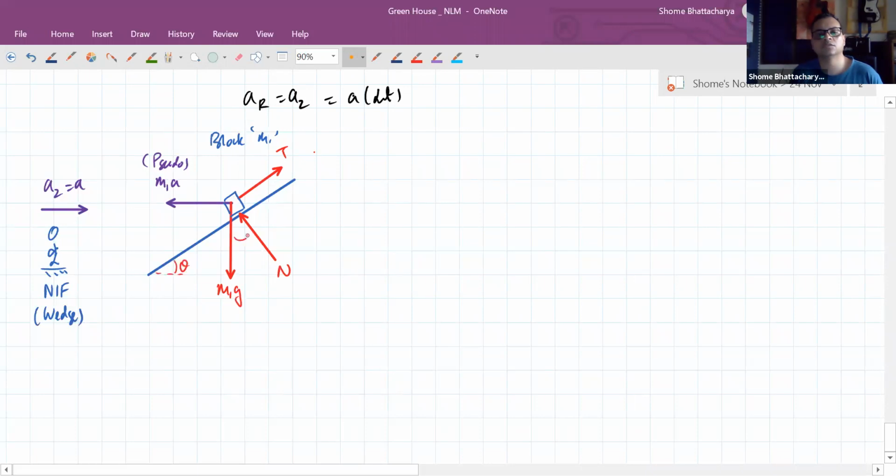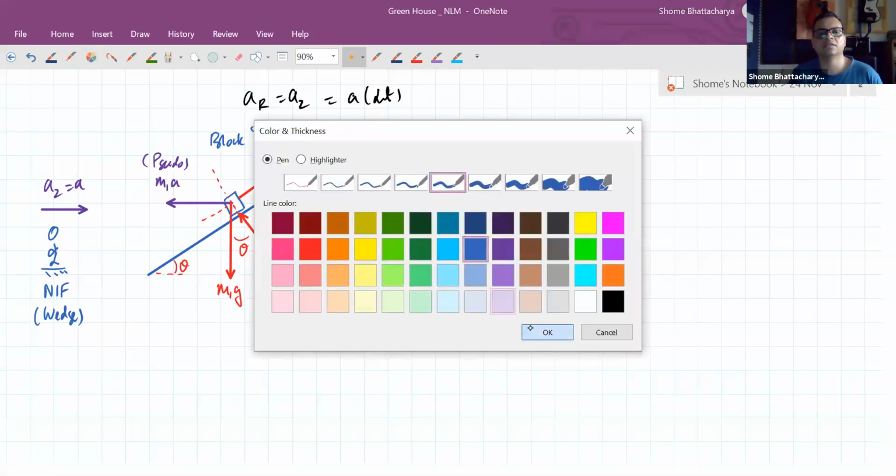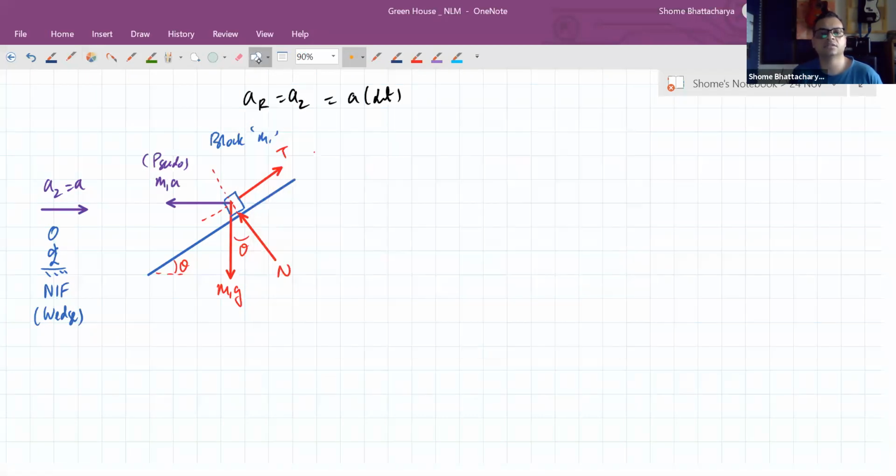This angle was theta, so here this angle will be theta. Okay. And in this frame, this block had an acceleration relative to the wedge. So that relative acceleration was also A in magnitude.